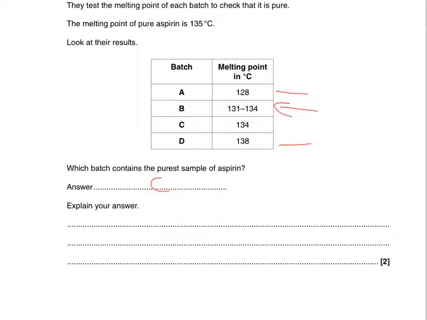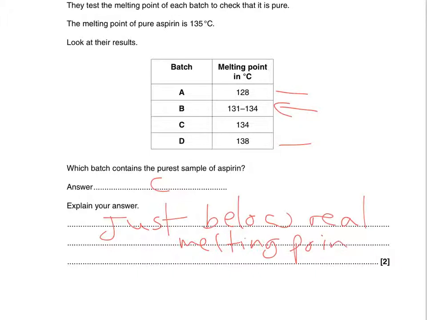The fact that C is just below the real melting point of 135. And that'd be your 2 marks. So you've chosen C, and you've given me a reason why, and there's 2 marks.